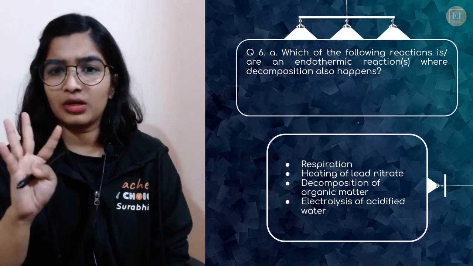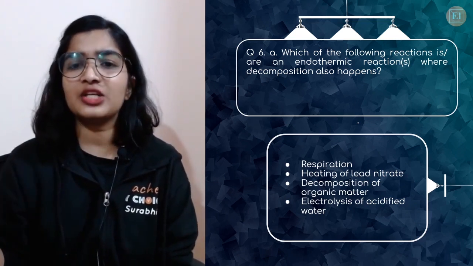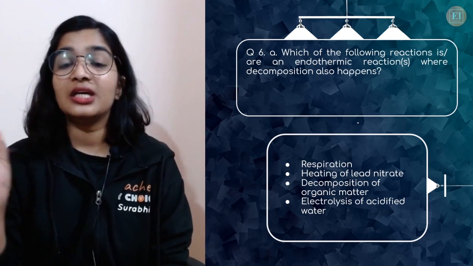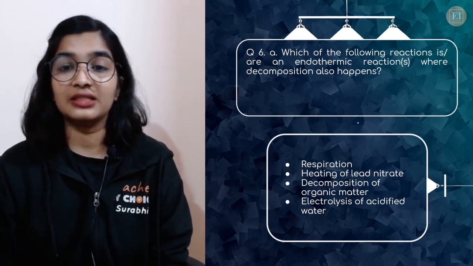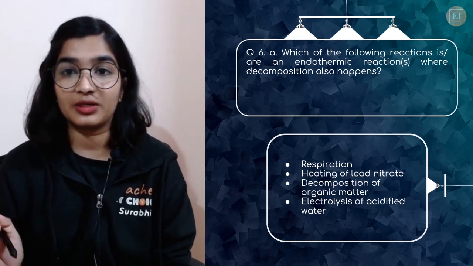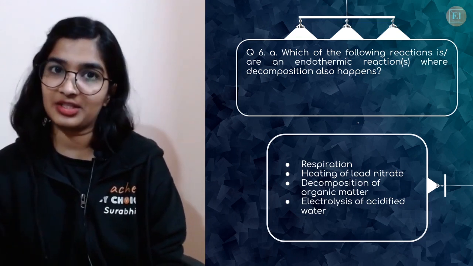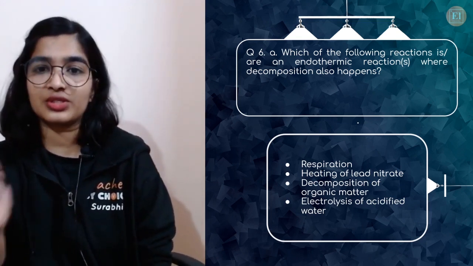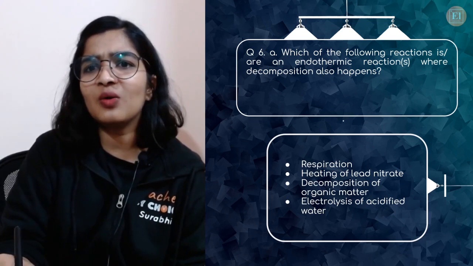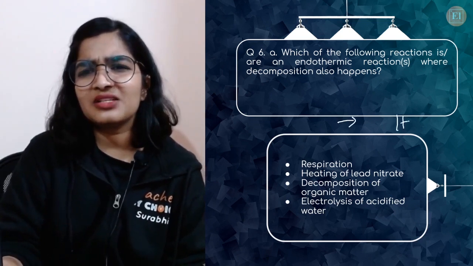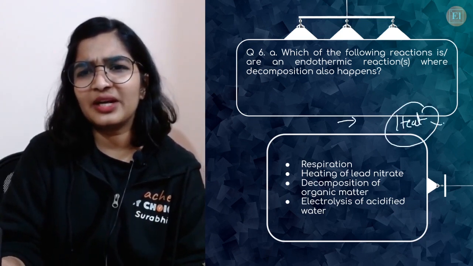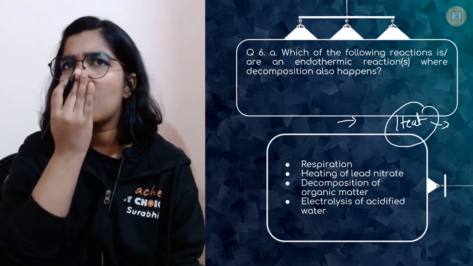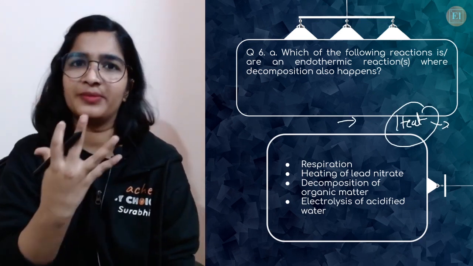You have 4 options: respiration, heating of lead nitrate, decomposition of organic matter, electrolysis of acidified water, which is an endothermic reaction as well as a decomposition reaction. So in respiration, heat energy will be liberated, no? So is it an endothermic reaction? No. You can feel that warmth.